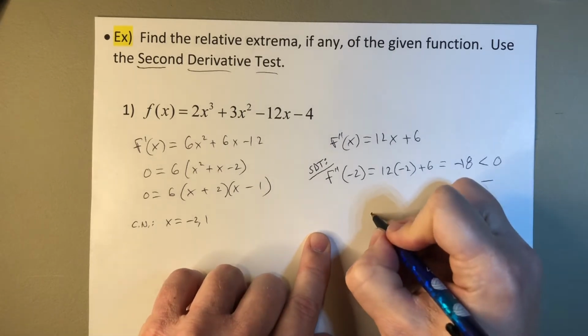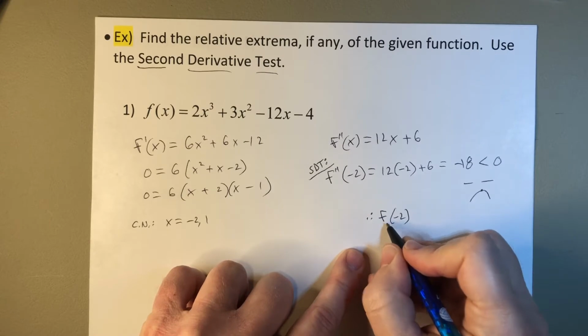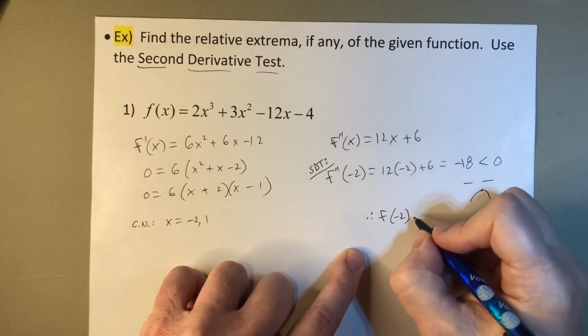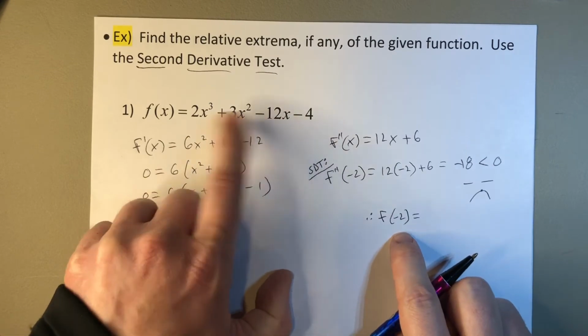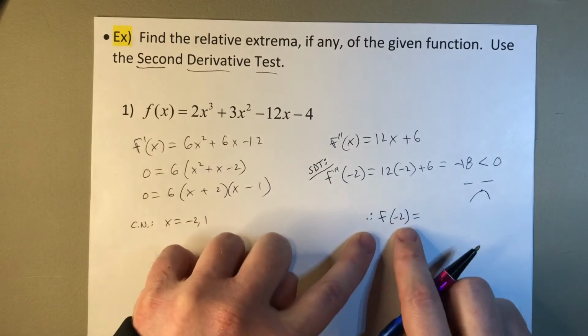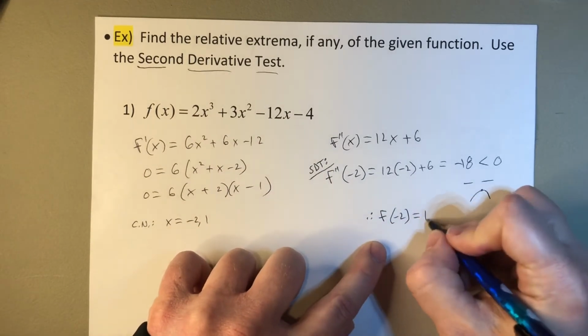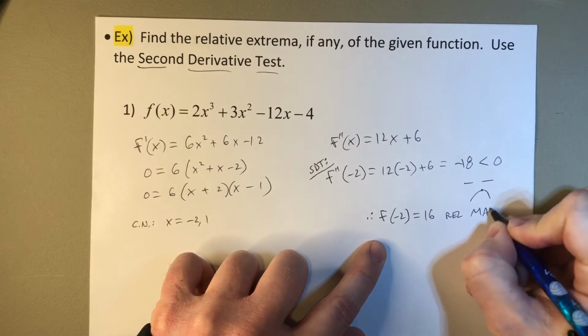Therefore, f of -2, original function, f of -2 equaling what? Plug in a -2 everywhere you see an x. You may use your calculator to do that. You get a 16. This is a relative maximum.